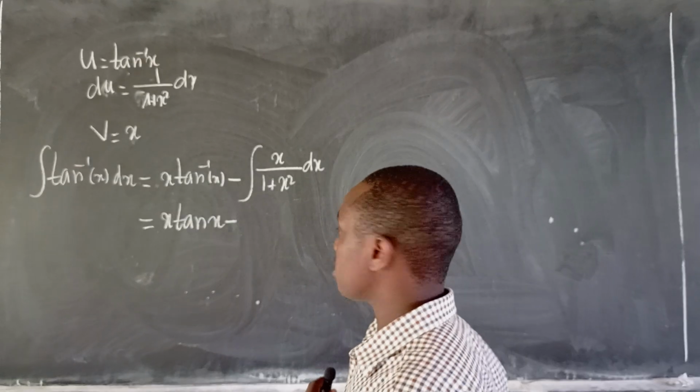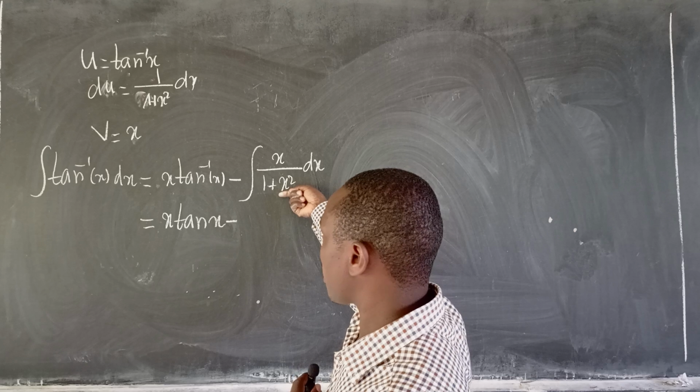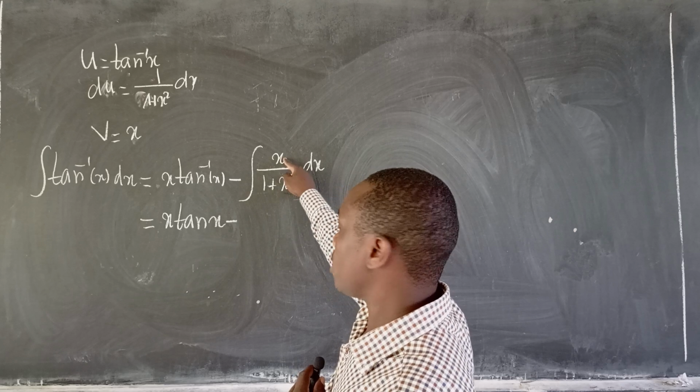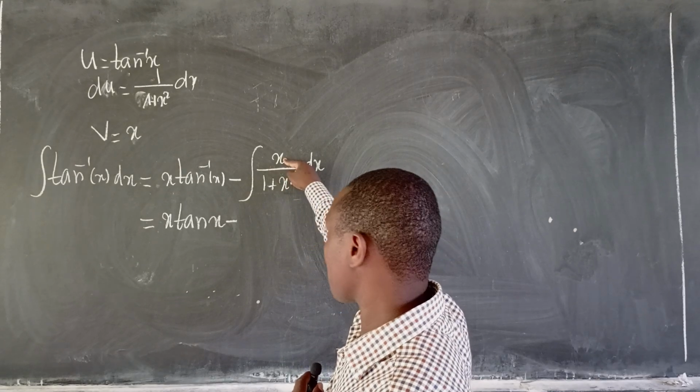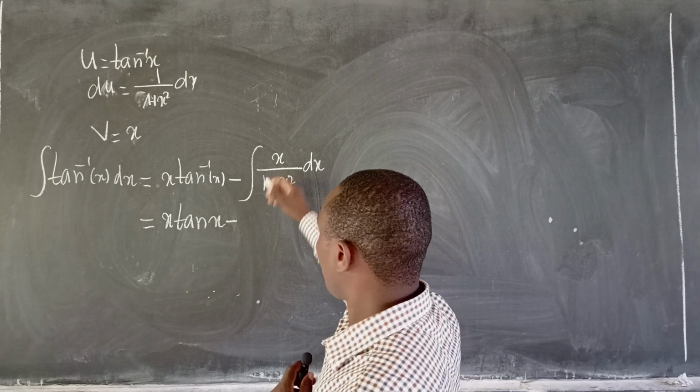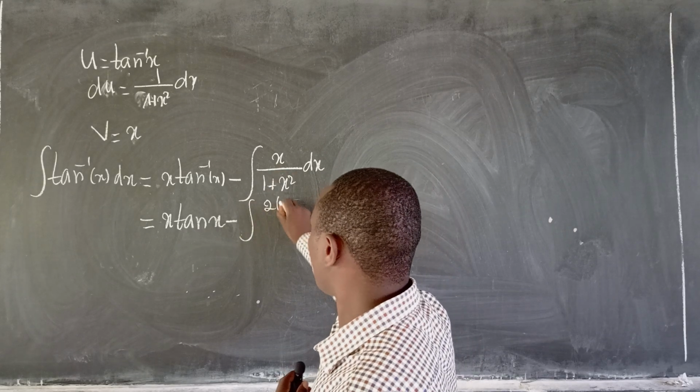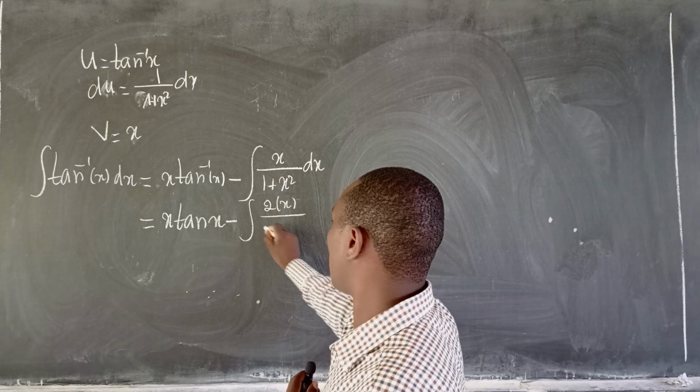Look at the derivative of the denominator, which is 2x, while in the numerator we only have x. To make it 2x, we multiply the numerator by 2 and the denominator by 2.